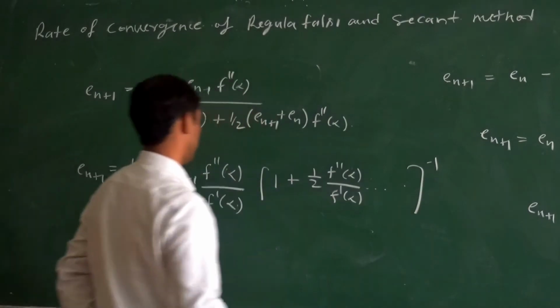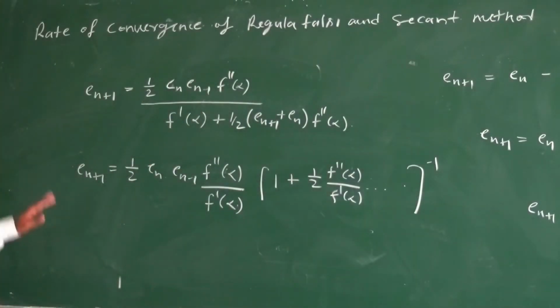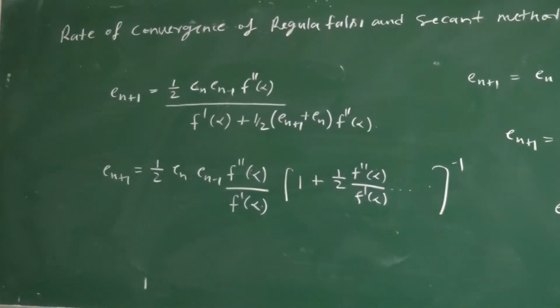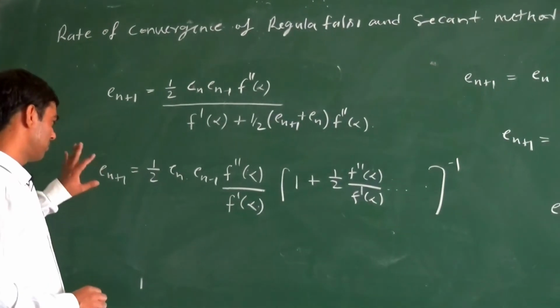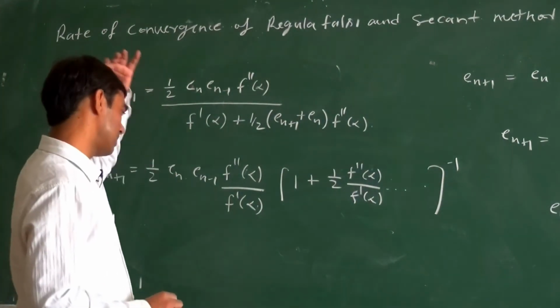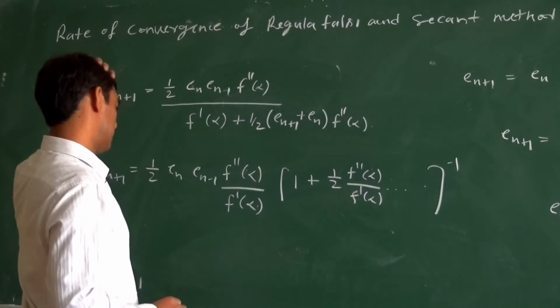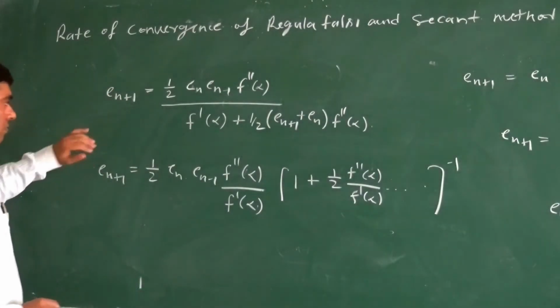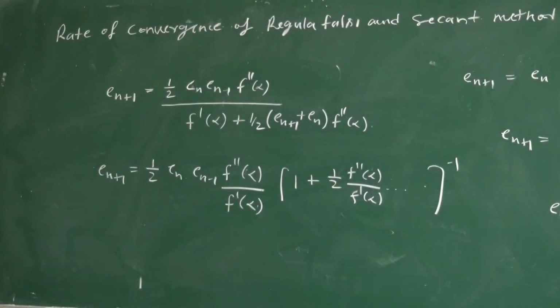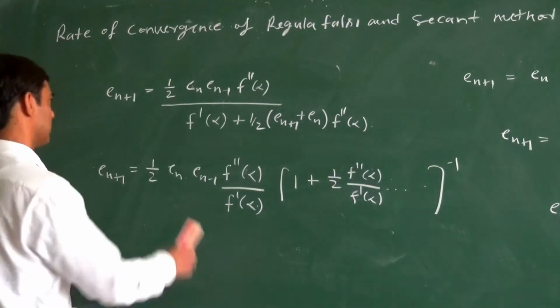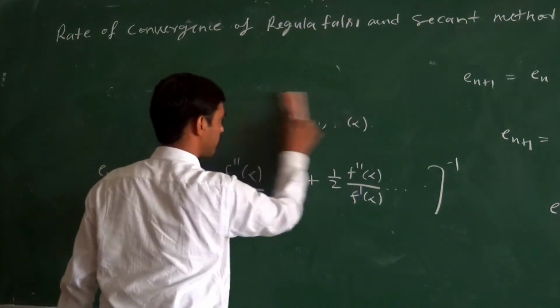This one is the resultant expression, and this expression is needed to define the rate of convergence of the Regula Falsi method and the rate of convergence of the secant method.